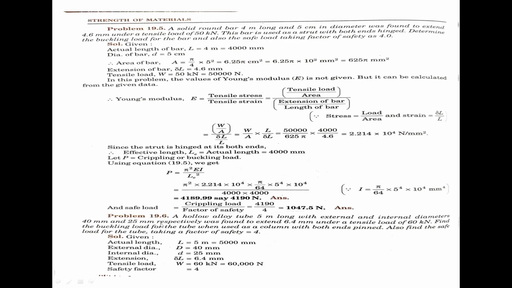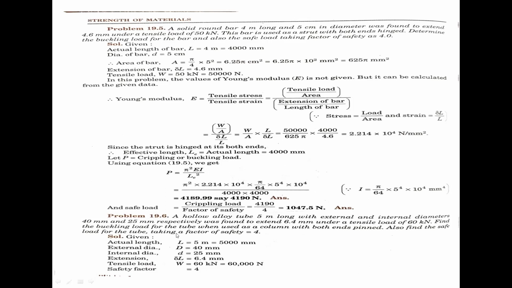This is an example problem. Another example problem 19.6: a hollow alloy tube 5 meters long, with external and internal diameters 40 mm and 25 mm respectively, was found to extend 6.4 mm under a tensile load of 60 kilonewtons.